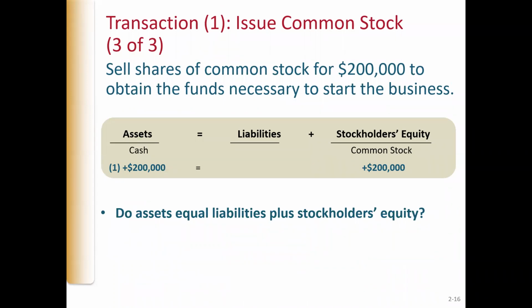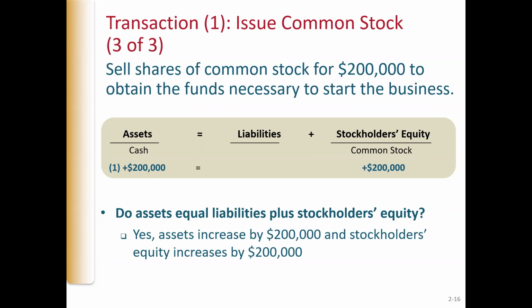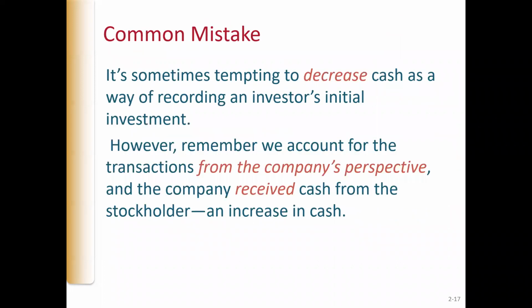Our assets, which is cash, increased 200,000. And our stockholders' equity section, through common stock, also increased 200,000. At the end of this transaction, do our assets still equal our liabilities plus our stockholders' equity? Yes. Assets increased 200,000, but our stockholders' equity also increased by 200,000.